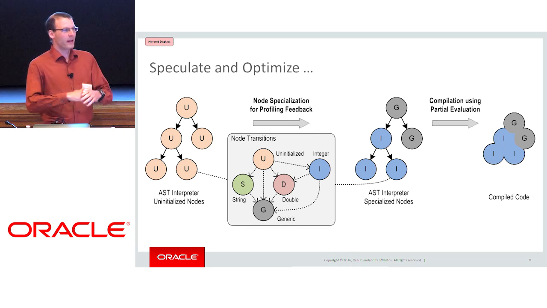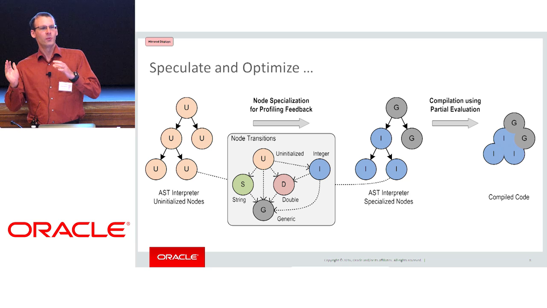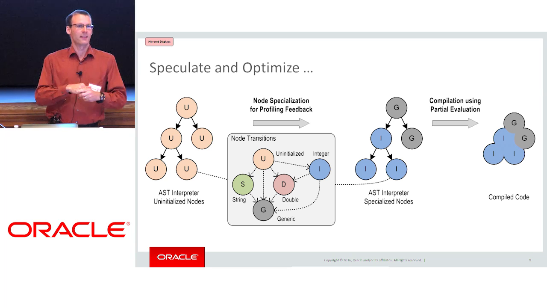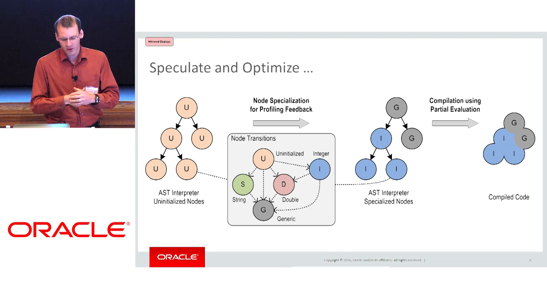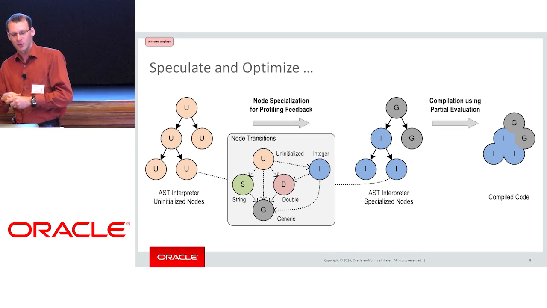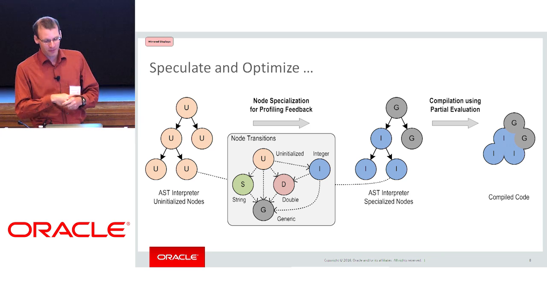The way Truffle optimizes it, you write an AST interpreter, but you write it in a self-specializing way, so you provide feedback in the AST interpreter in your tree nodes and say, well, I have an addition that I specialize to, well, that's an integer addition, and that's what you do as a language implementer.